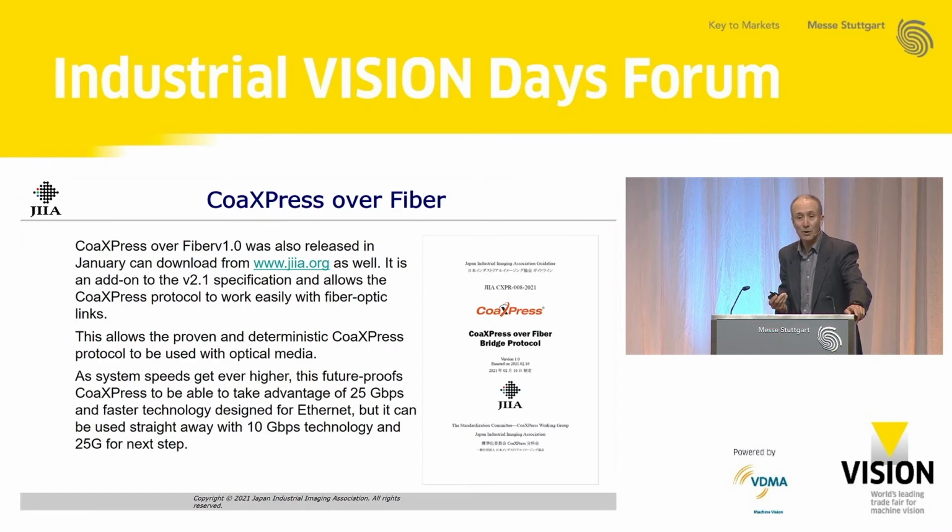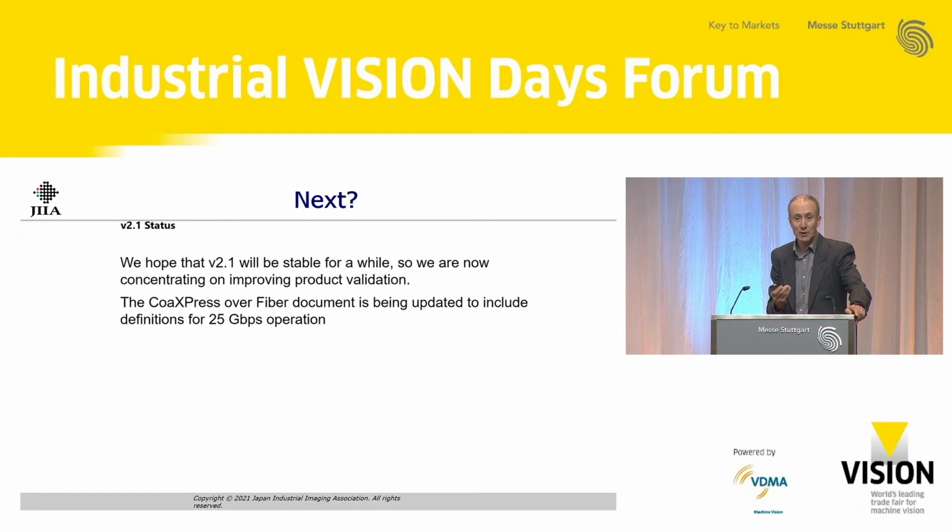But looking forward, going towards 25 gig, fiber makes more sense. So we've added this bridge protocol, which allows the well-proven deterministic CoExpress protocol to work over fiber, and it gives us a roadmap to 25G. We're already working on the updates for 25G, which should be out maybe this year, hopefully.